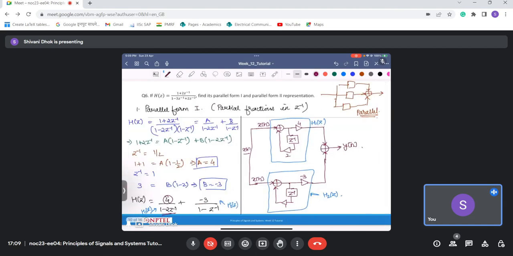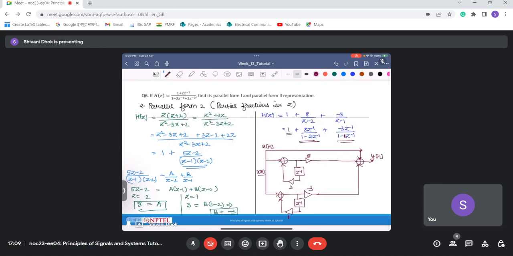But if I have this system available only 1 upon 1 minus 2 z inverse, then I'll go for this. So based on availability, I can modify my realizations. So what you are saying is that some filter blocks are readymade available, then we use this form. Yes, it's mainly for construction. That is how we use these structures. These structures help you in implementing this system physically.